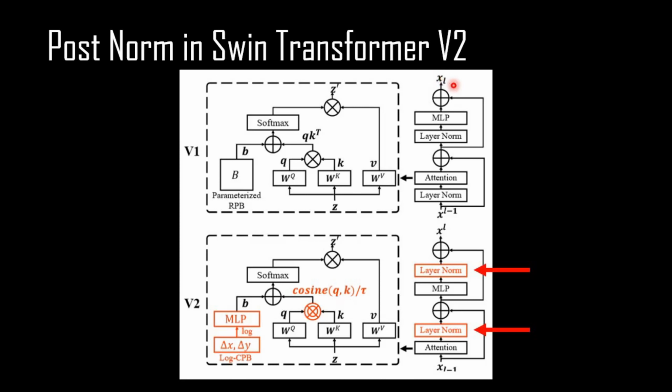So we don't want that to happen. That's the reason they put the layer norms this time after the blocks. So here, for example, I get the inputs, it's going to get the attention, a large value from that, but it hits a layer norm. So it's going to be normalized. Even if it's a skip from here, it's still normalized here. So that's the reason they decided to put the layer norm after.